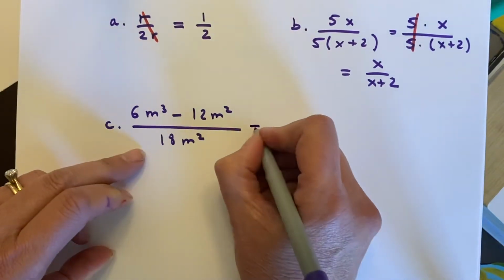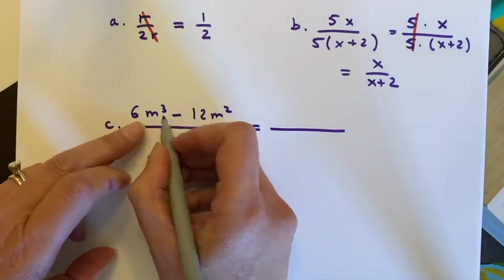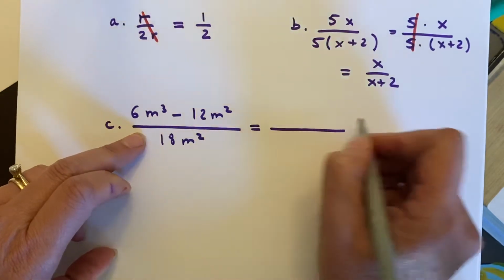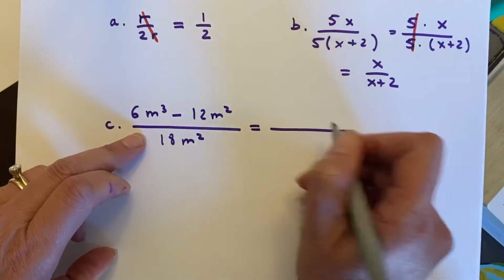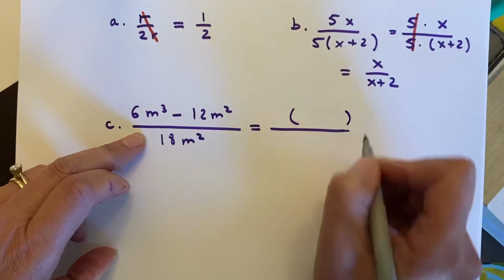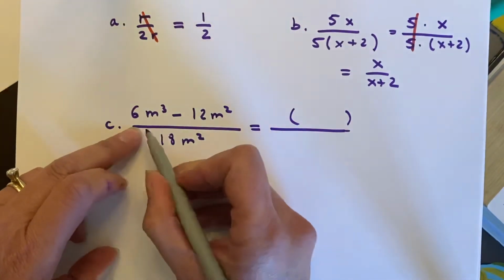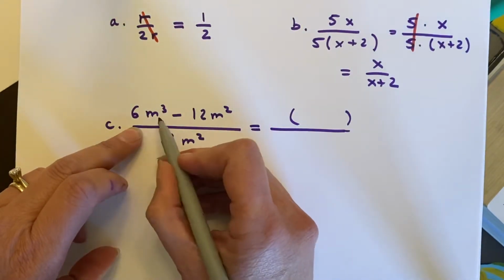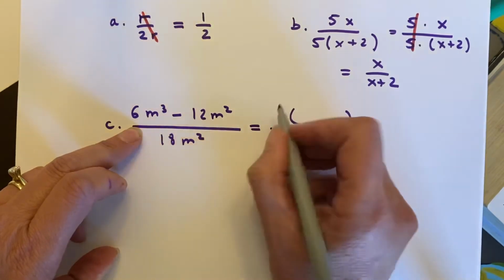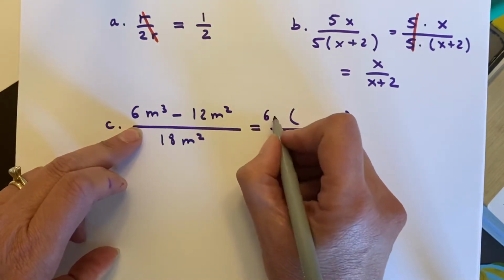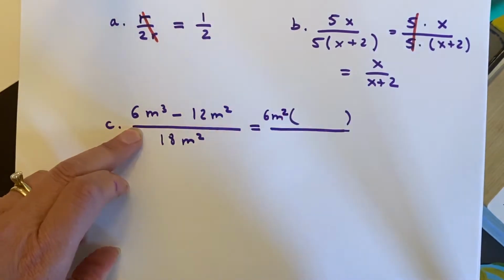So let's start by, in the numerator, taking out the greatest common factor and factoring that out and seeing what's left in my parentheses. The greatest common factor between 6m cubed and negative 12m squared is 6m squared, right?